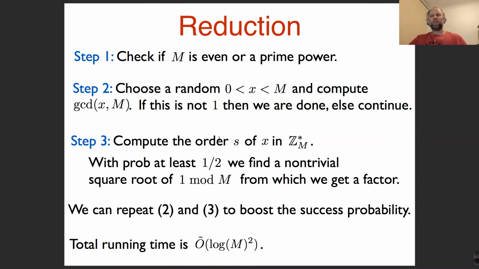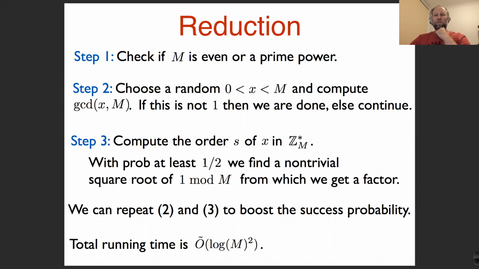Now we compute the order s of x using the period finding algorithm. The last lemma said that with probability at least a half, we are in the good case where the order will be even and x to the s over 2 will not be equal to plus or minus 1 mod m. In that case, we've found a non-trivial square root of 1 from which we can get a factor.